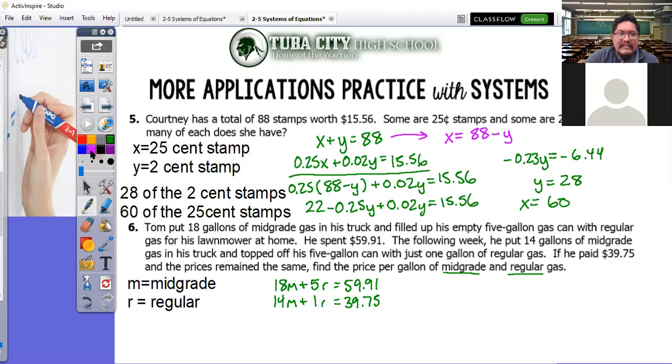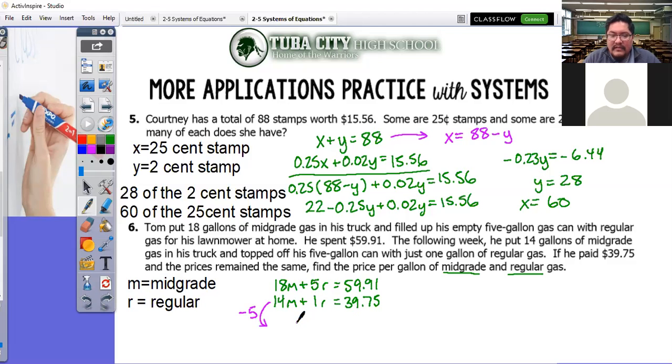Now, this one should be easy because I just need to change this bottom equation. I would need to multiply it by 5, but I'm also thinking -5 because it has to be the same but opposite of this one here.